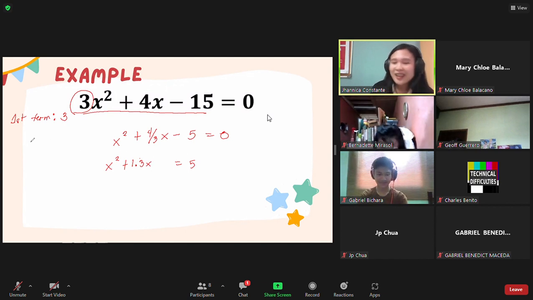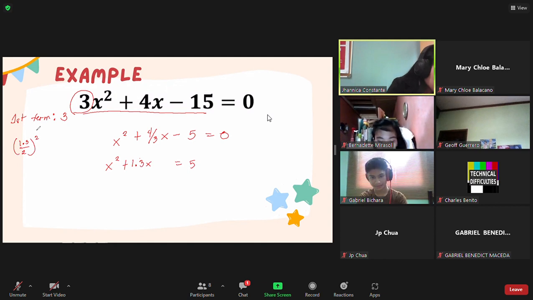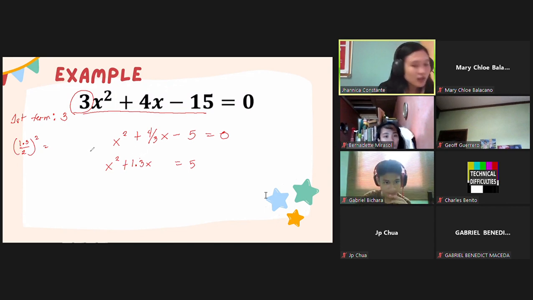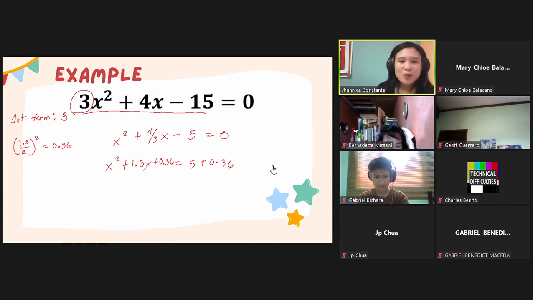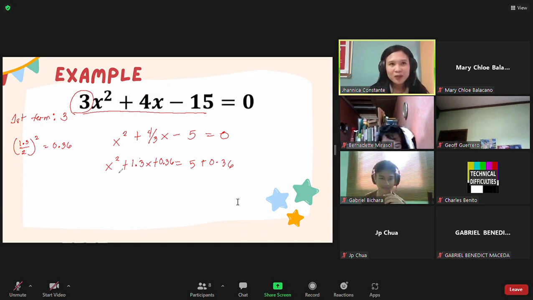So get the half of 1.3 and then squared. So we have 0.6 times 0.6 is equal to 0.36. So add both sides by 0.36. Factor of x squared plus 1.3x plus 0.36.